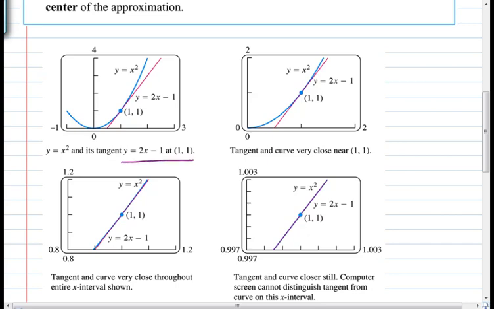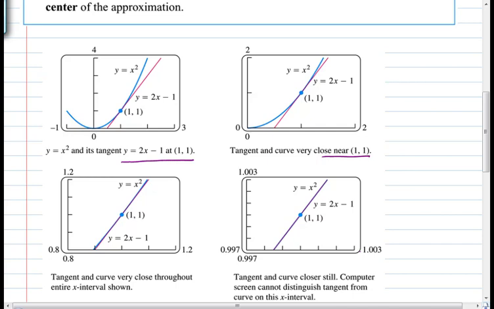And if you zoom in on this function nearer to the point 1, 1, what we see is the graph of this function and the tangent almost look like the same line. They're essentially the same over this region close to that point. So rather than work with a quadratic function, linear functions are easier to work with.